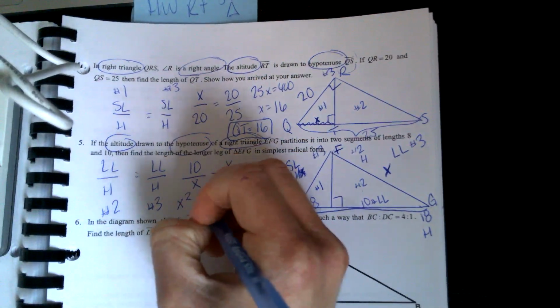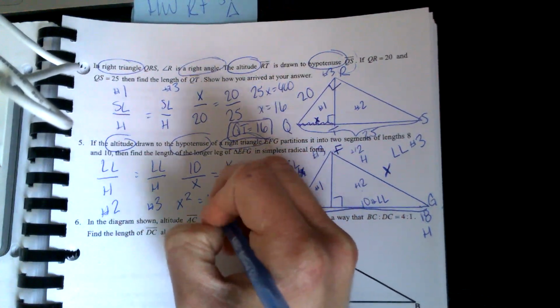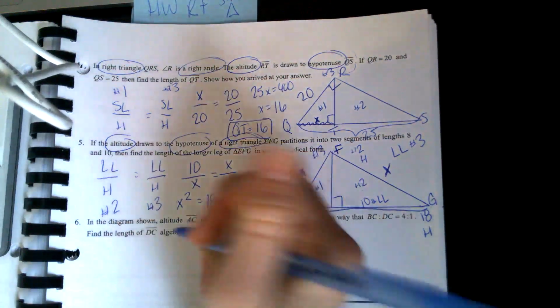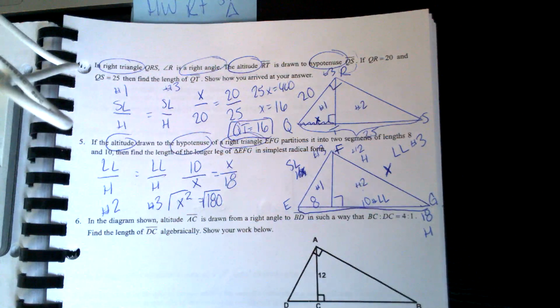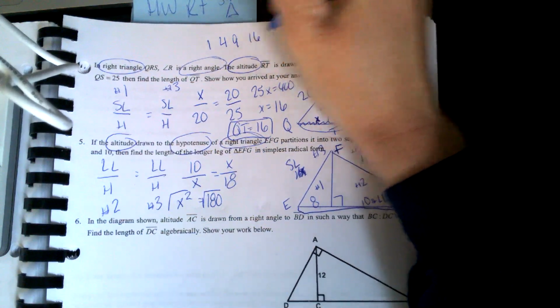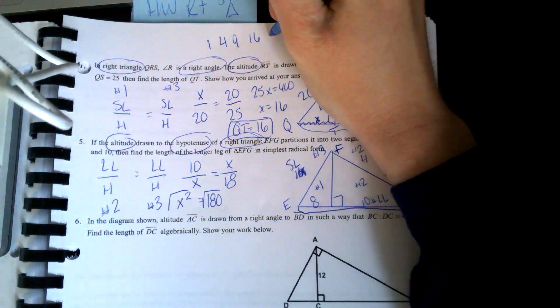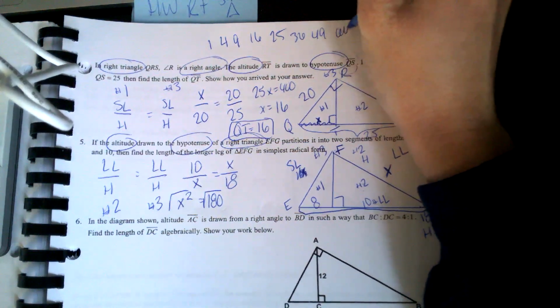Okay, so we have x squared is equal to 18 times 10, which is 180. Now square root. Now they said we have to leave it in simplest radical form. So 1, 4, 9, 16, 25, 36, 49, 64.